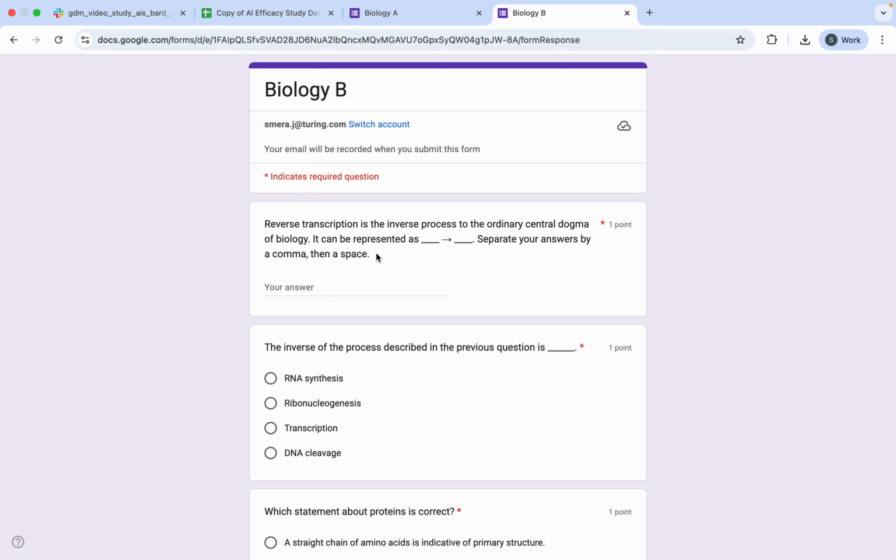So it can be represented by RNA, DNA. The specification is to separate your answer by a comma, then a space. Okay.